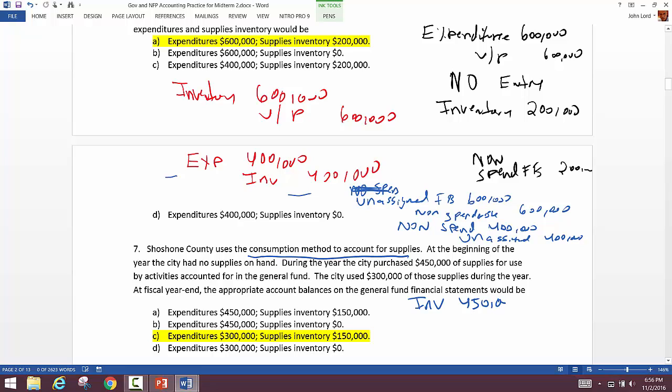Credit the vouchers payable, right? Okay, then what? We use 300. So I'm going to debit expenditure for 300,000 and credit the inventory, right?